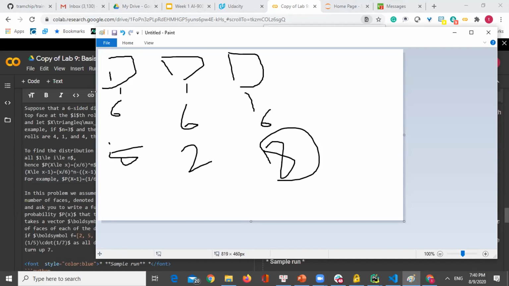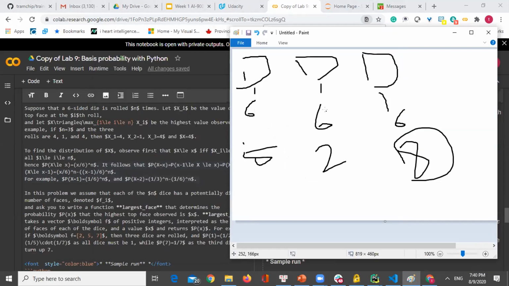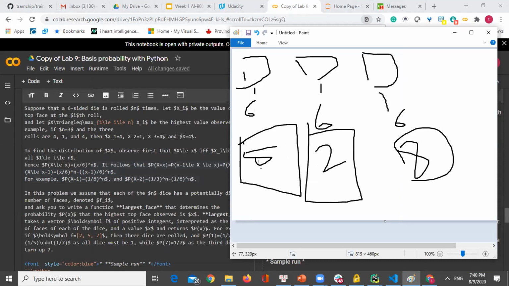You roll the first one, you see the number at the top face, and you record it. You roll the second dice, you see the value at the top, you record it. And you roll the third one. Okay, so you got the list of outcomes. So basically, it's just the value when I roll a dice. Whatever number I roll, I write down.